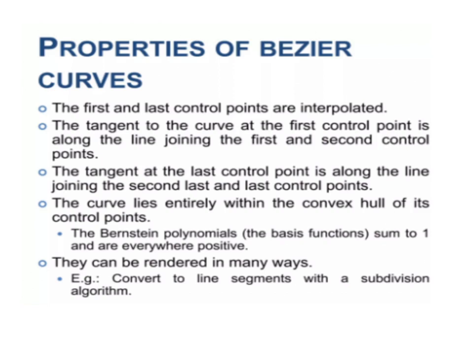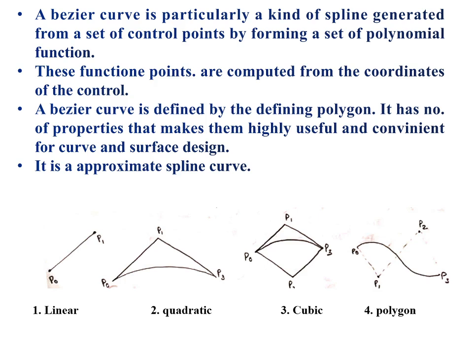Next property: the degree of the polynomial of a Bezier curve segment is one less than the number of defining polygon points. Therefore, for 4 control points, the degree of the polynomial is 3, that is, a cubic polynomial. That is shown in the graphical representation, in which 4 points are there, but the degree of the polynomial is 3.